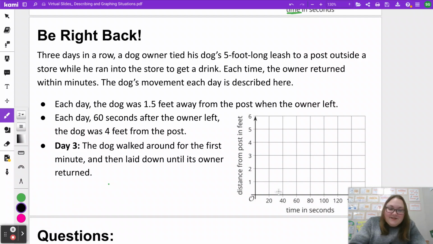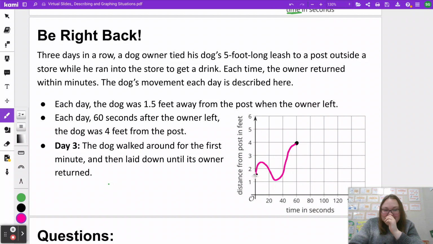For day 3, I'm going to start it the same way. We still have that same information about he starts 1.5 feet away, and after 60 seconds, the dog is 4 feet away. So I know those 2 points need to be on my graph. In this story, the dog walked around for the first minute. So we've talked about a lot of different possibilities of what walking around the first minute can look like.